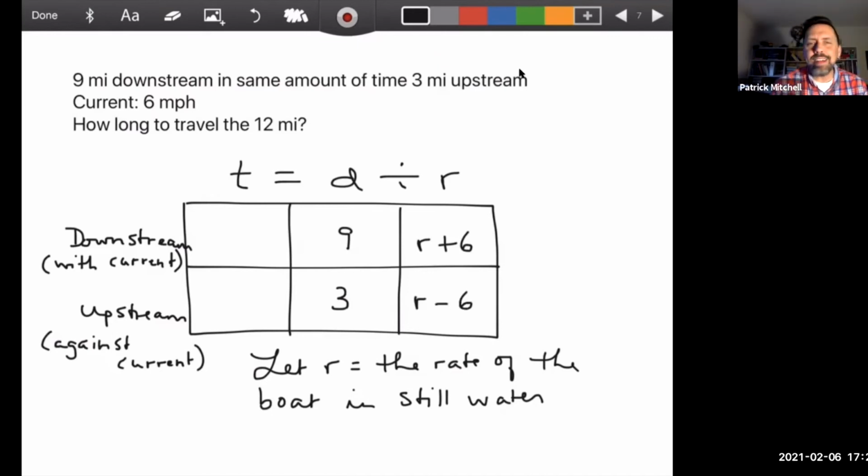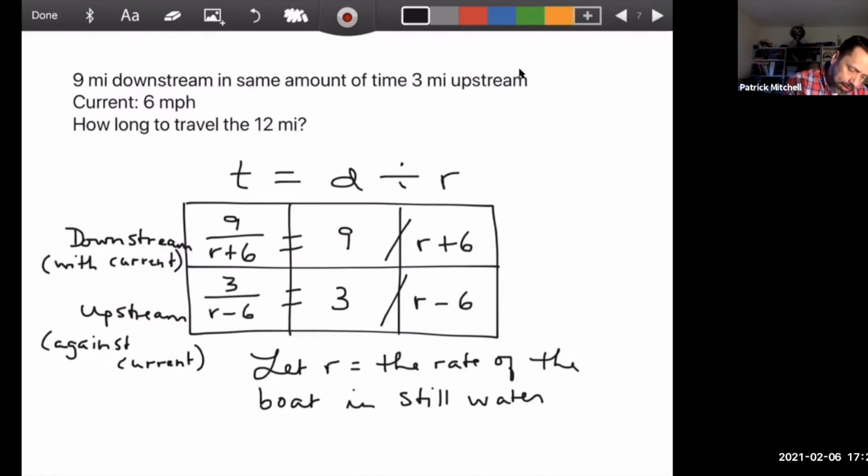Now to get an equation out of all this, notice the formula written across the top, T equals D divided by R. I am going to copy those equal signs and division signs down, which means the time spent paddling downstream is 9 over R plus 6, and the time spent paddling upstream is 3 over R minus 6.